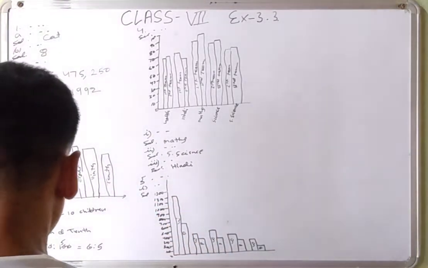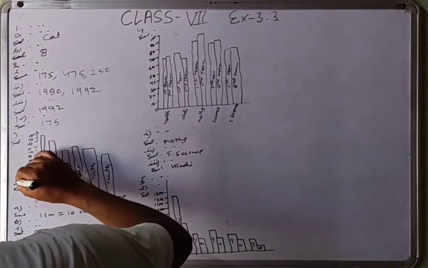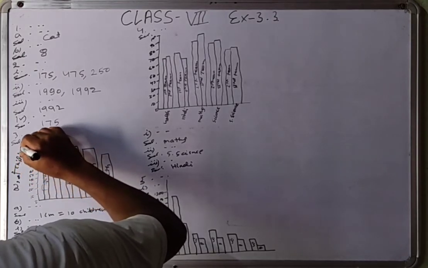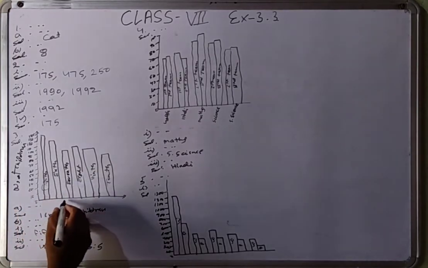In the third question you wrote number of children here, and here class.